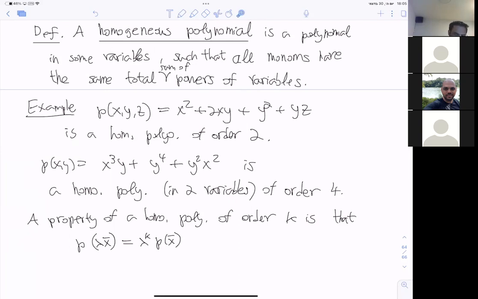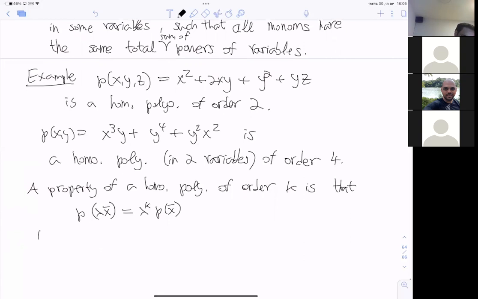Because every time you multiply this lambda. For example, what is lambda x, y, z? It's just lambda x, lambda y, lambda z.